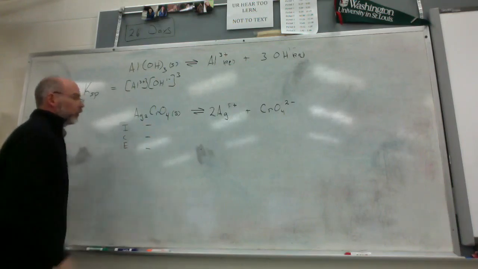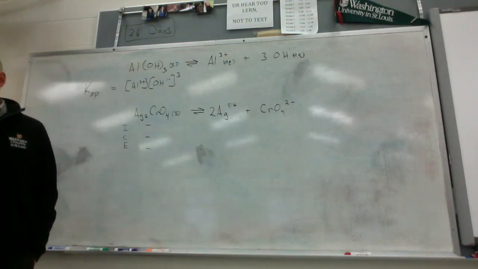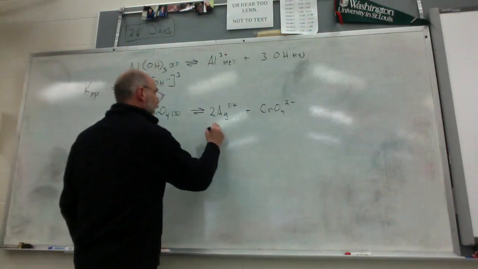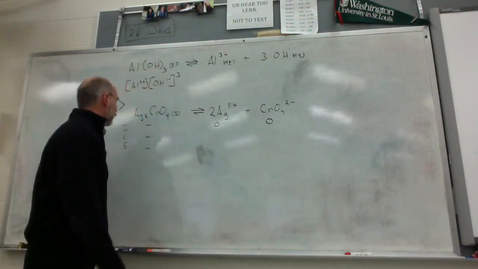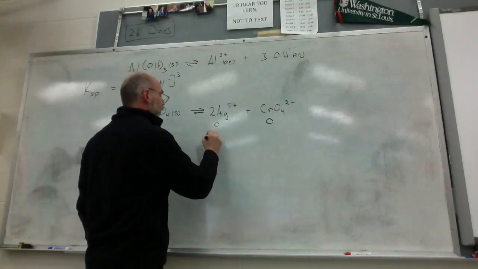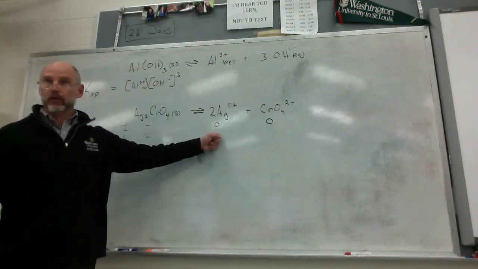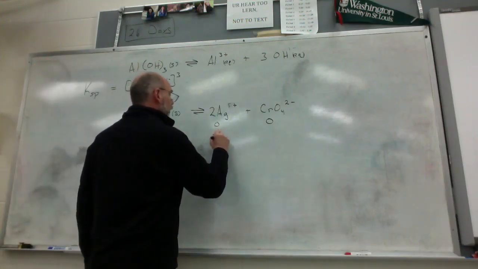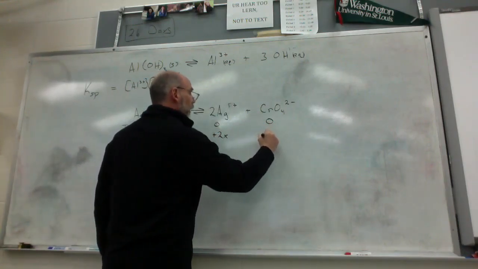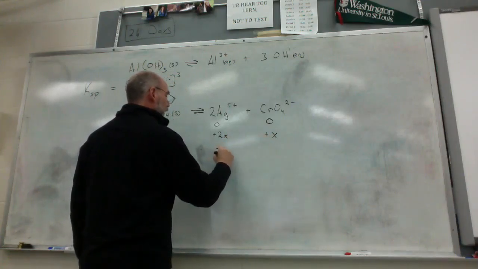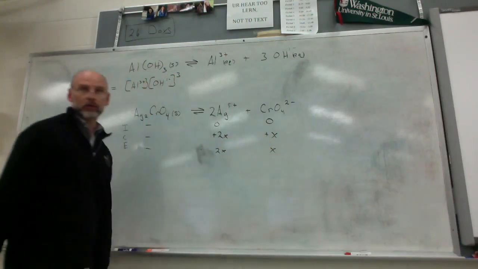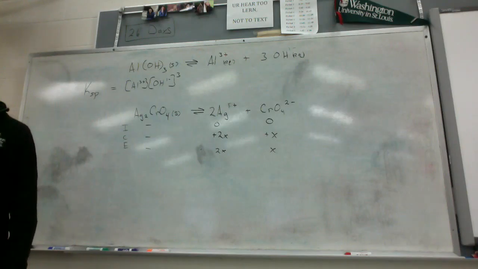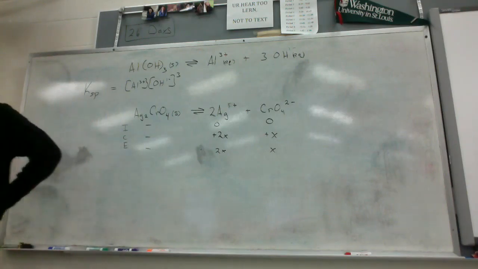This doesn't apply because it's the solid. We don't care about that. Initially, there's 0 of these things. To change, what is this amount going to do? Increase by 2x. You guys are getting good at this stuff. And this is going to increase by x. So at equilibrium, we're going to get 2x and x. Would you guys agree?